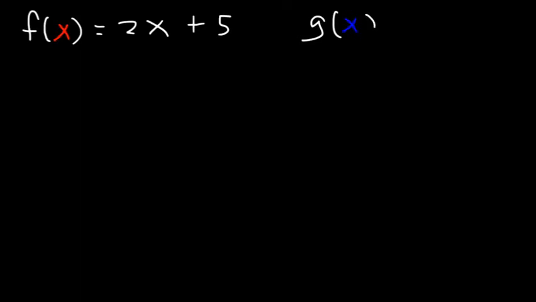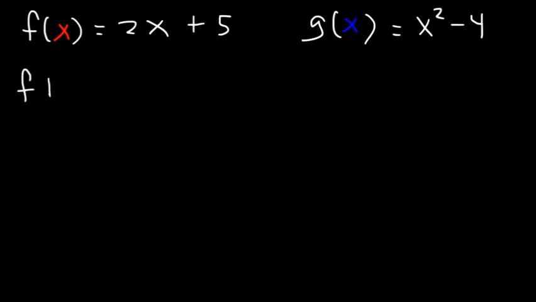Let's say that f of x is equal to 2x plus 5, and g of x, let's say g of x is x squared minus 4. Perform the indicated operations.